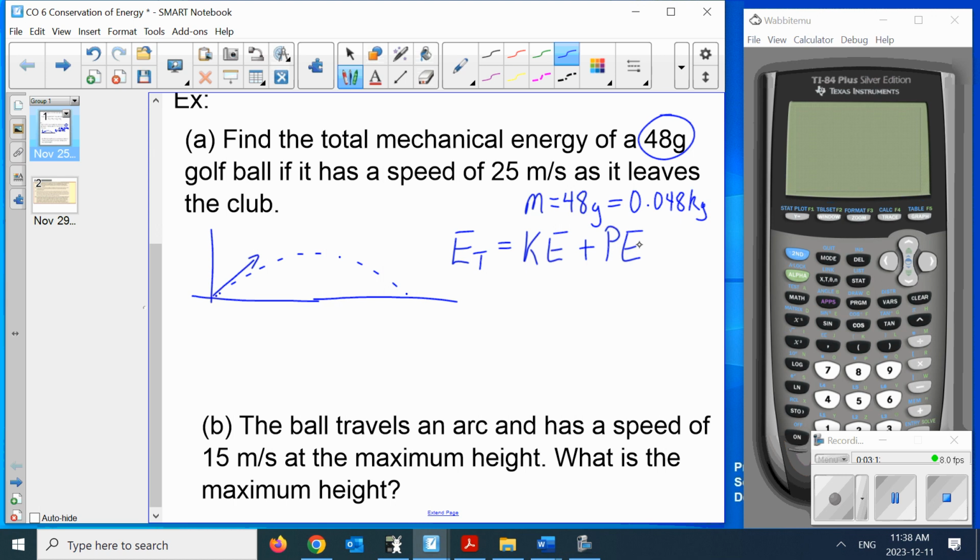Where do we have enough data to come up with potential energy information? I'll ask you if it's at this starting point, 1, or at this point, 2, or at 3.